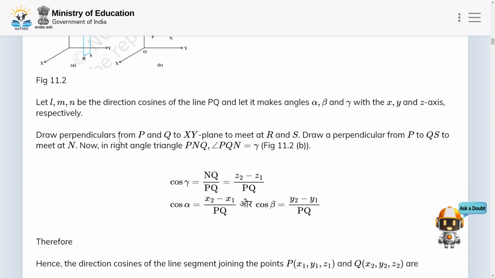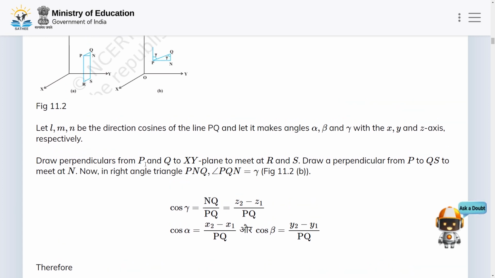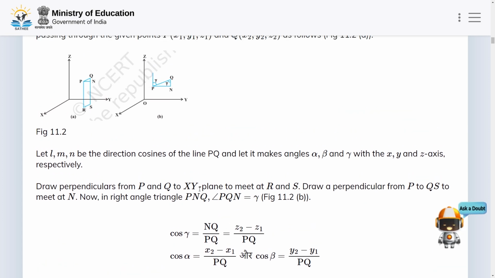Now draw perpendiculars from P and Q to the xy plane to meet at R and S. Draw a perpendicular from P to QS to meet at N.